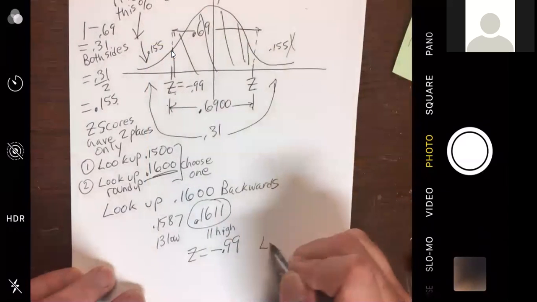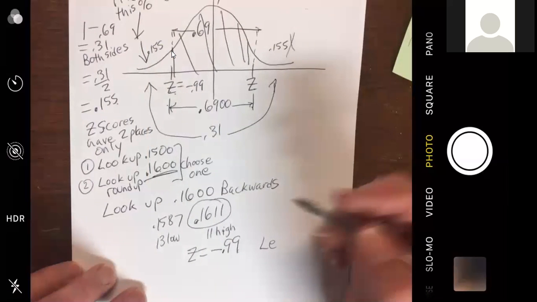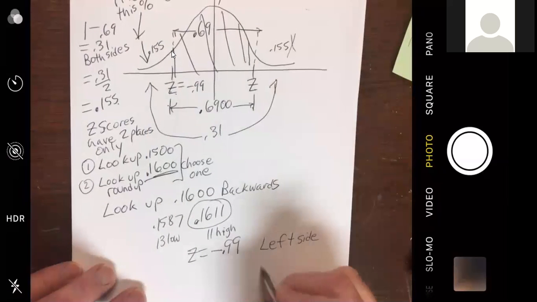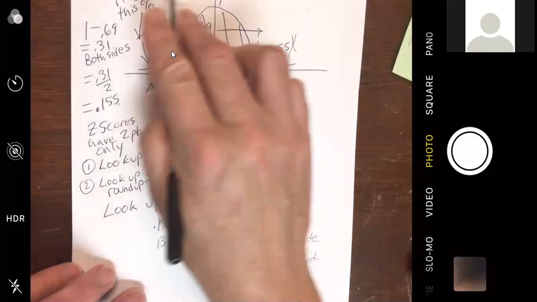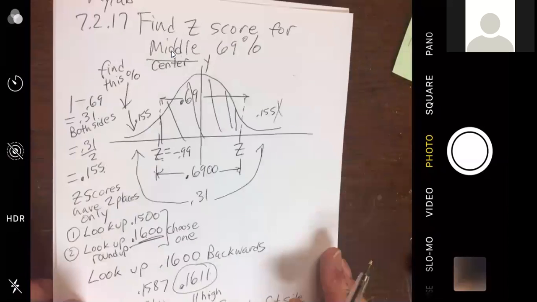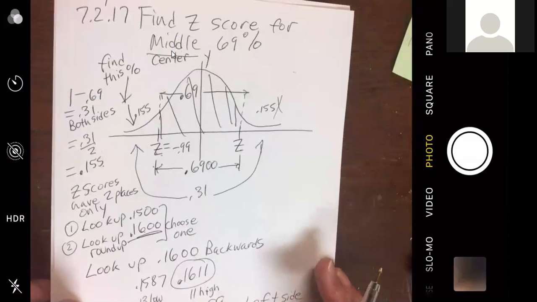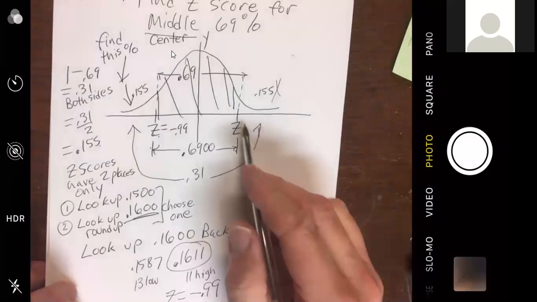Okay. You want to take a guess what the right side Z is? What would the right side Z be? Remember, you're in the middle. What would the Z be on the right side?